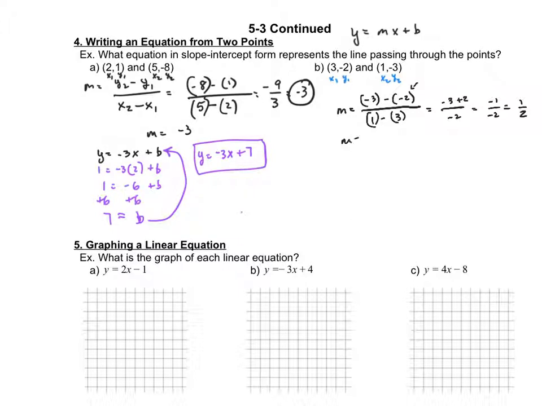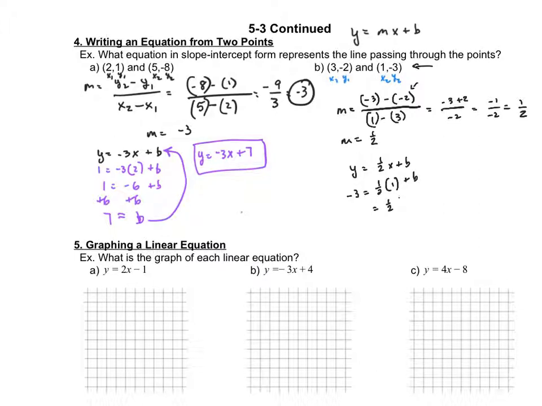So my slope equals 1/2, and I have y equals 1/2 x plus b. Do some substitution. It doesn't matter which term I use for my x and my y values. So if I replace using that term, I have y is negative 3, and that is equal to 1/2 times 1 plus b.